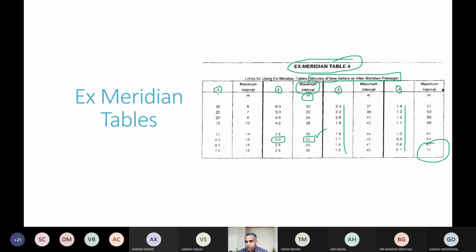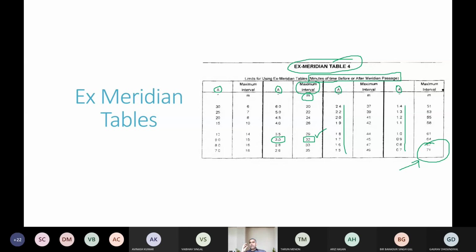The maximum time which they have given in this table is 71 minutes. So that's 1 hour and 11 minutes. That is the maximum interval of time a body can be suitable for an x meridian sight. So you can be sure that if a body is more than 1 hour and 11 minutes away from your meridian, in any case, you cannot use the x meridian method.